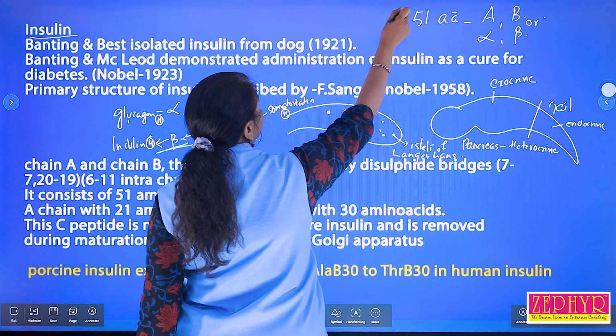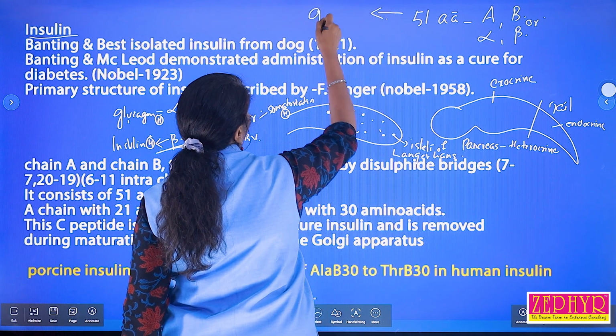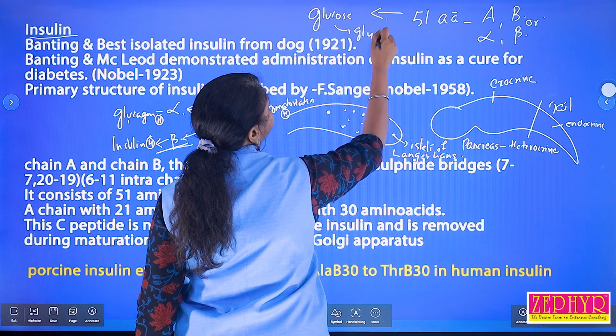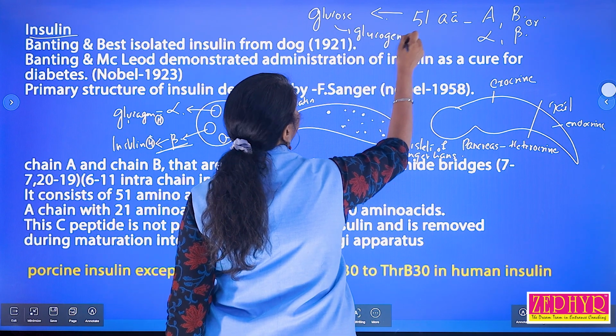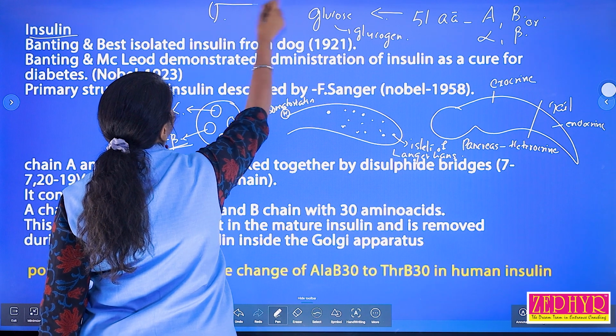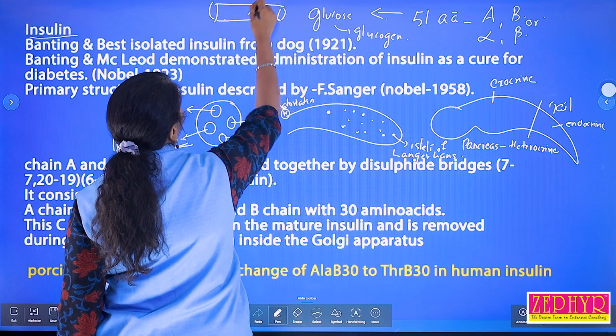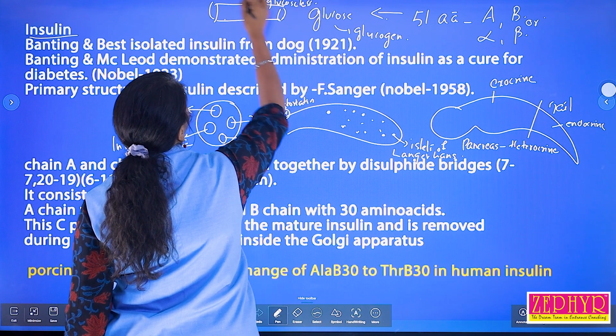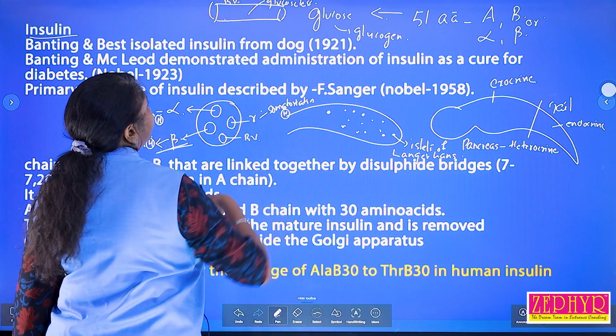The potentiality of this is that it can convert glucose to glycogen, which means that we will have very little glucose in here, which is this blood vessel. This is what? Blood vessel.